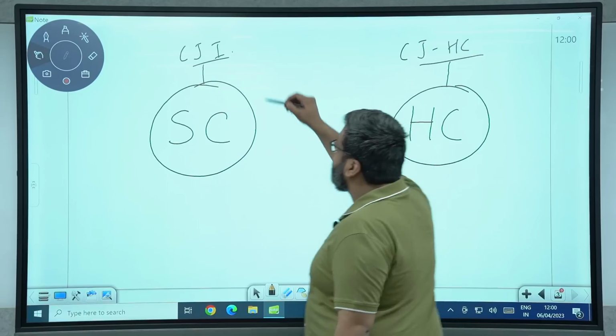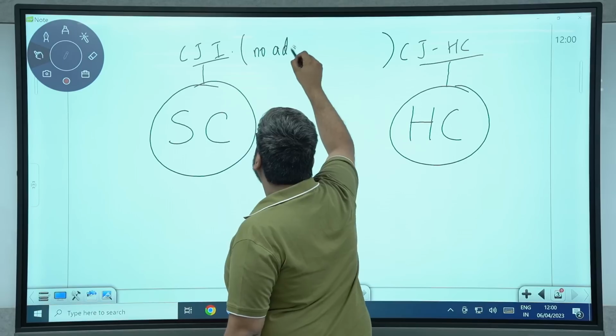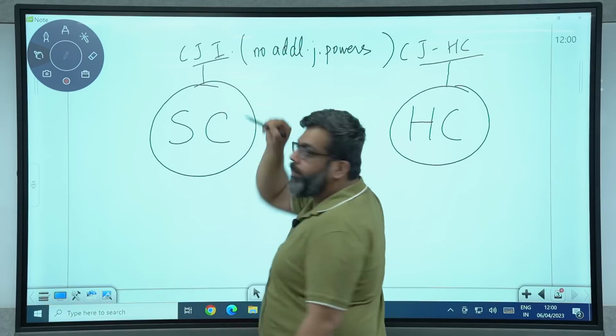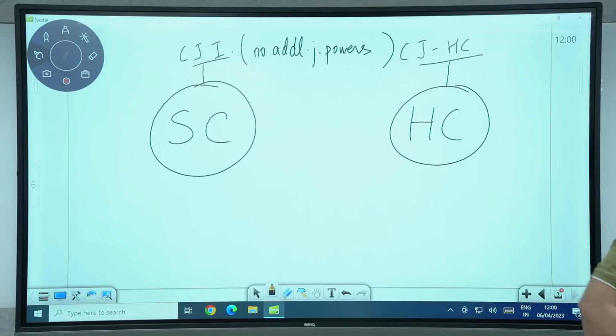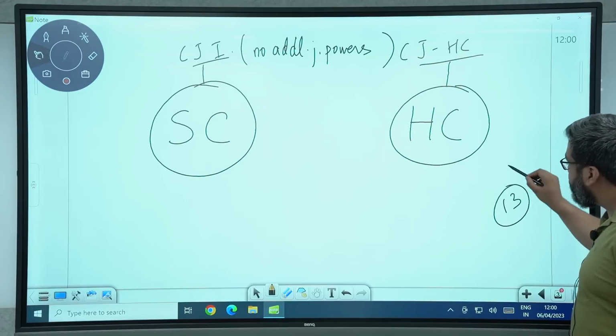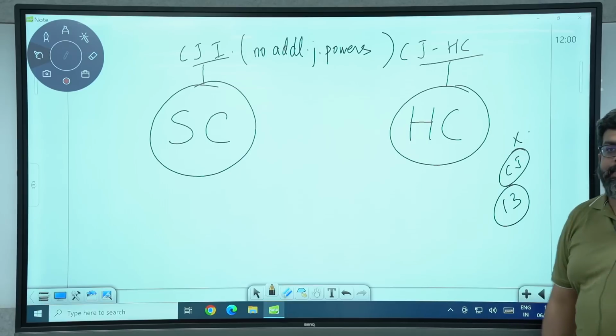Chief Justices have no additional judicial powers. They do not enjoy a hierarchy in terms of judicial powers. If there is a 13-judge bench, including the Chief Justice of India, there's nothing special about this.